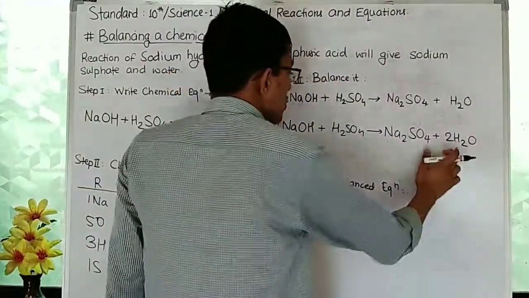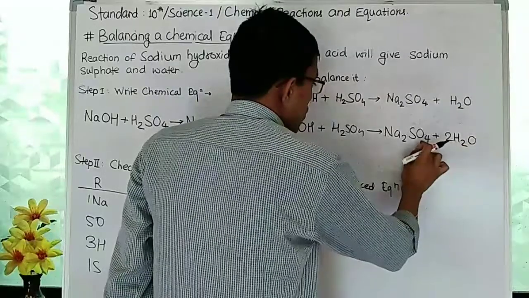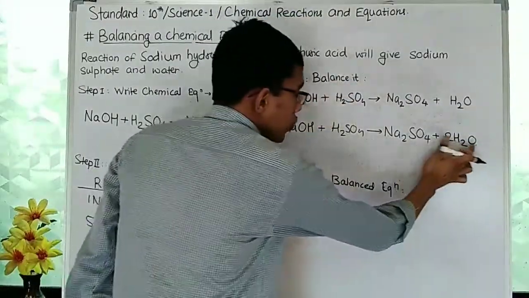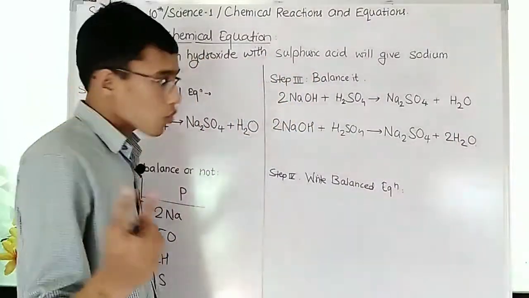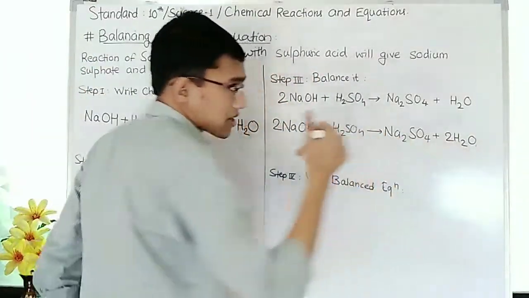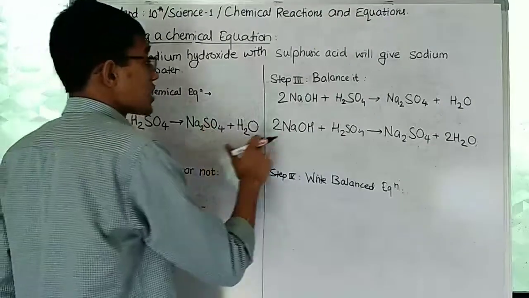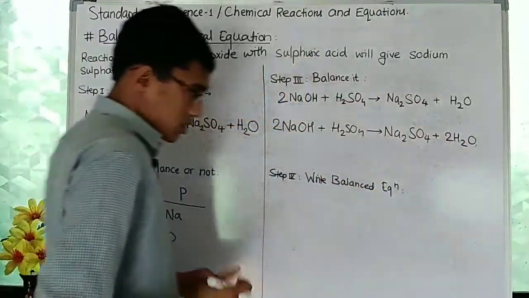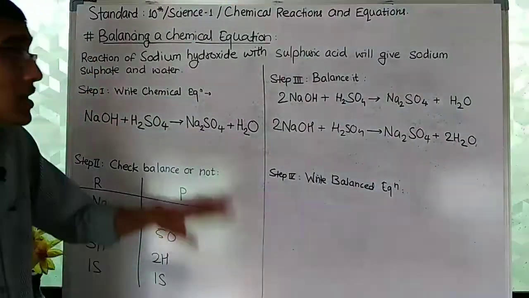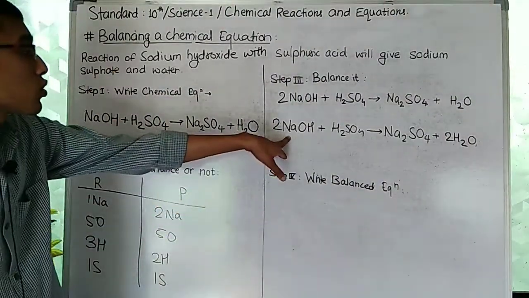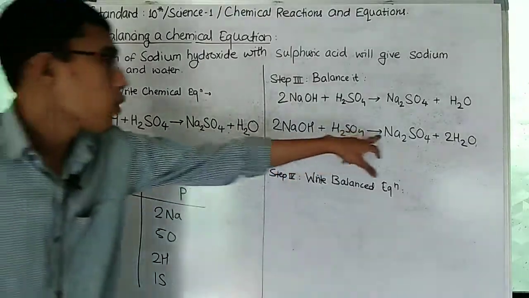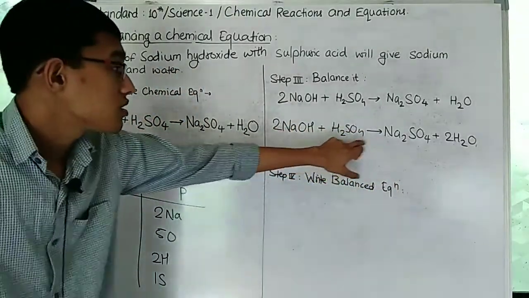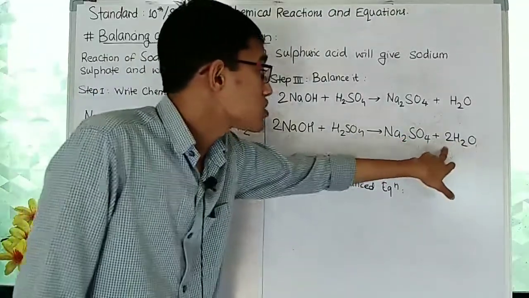And the number of oxygen is now 4 plus 2. Here it is 1, so 2 into 1 is 2. So 2 plus 4, that is 6. And in the reactant side also you can see 2 plus 4 is 6. So now you can see 2 atoms of sodium, 6 atoms of oxygen, 6 atoms of oxygen.